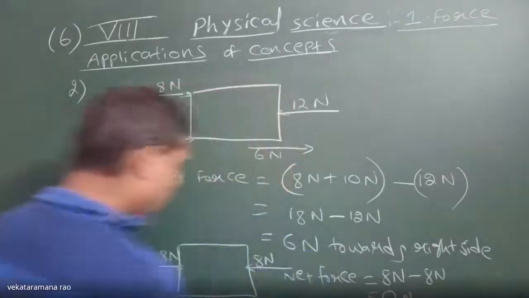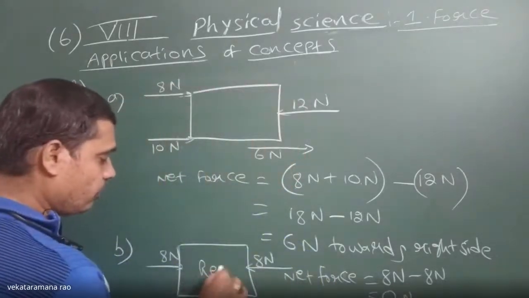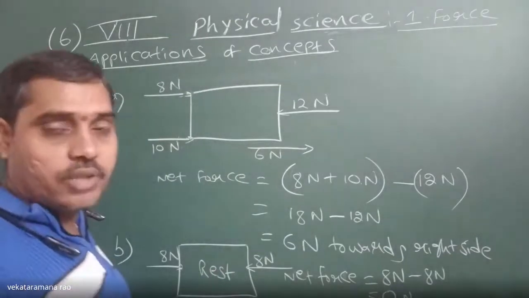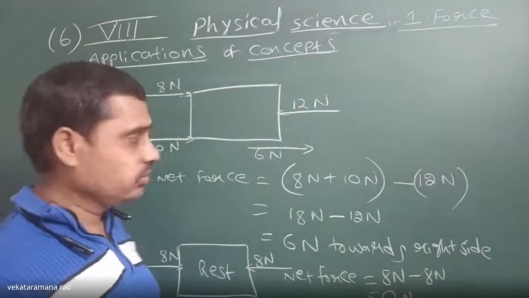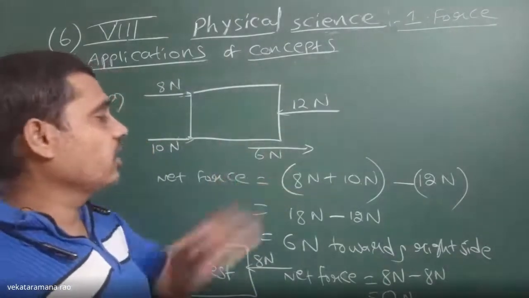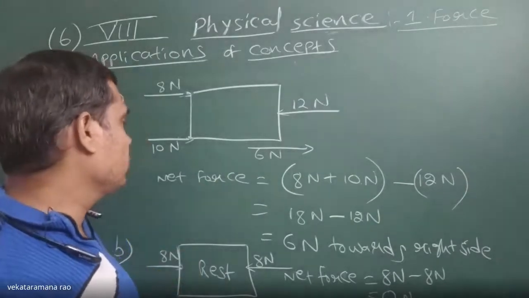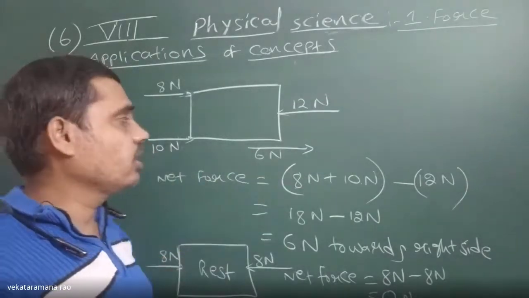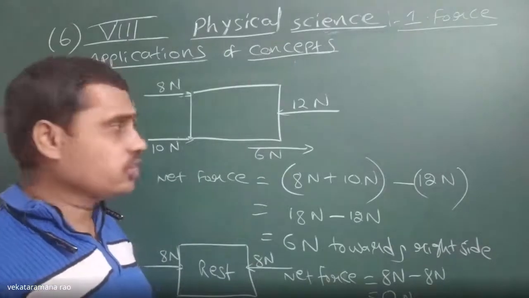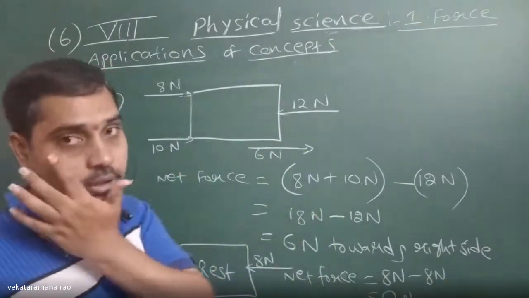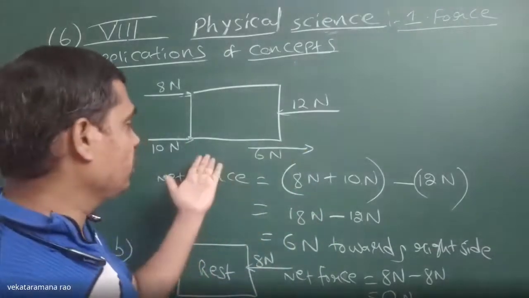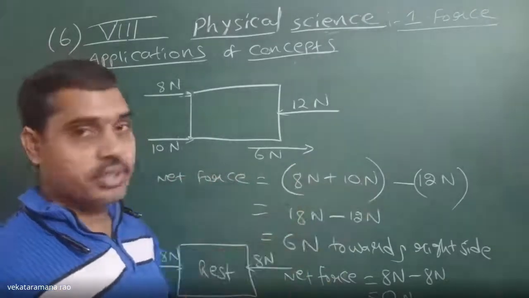Therefore, it will be at rest. It won't move in any direction. Here, why was it moving towards the right side in the previous case? Because the forces acting towards the right side were greater than the forces acting towards the left side. That's why the net force there is 6 newtons towards the right side.